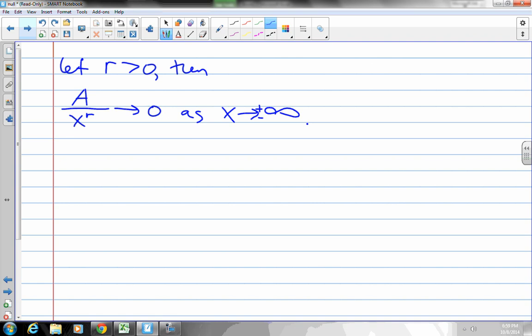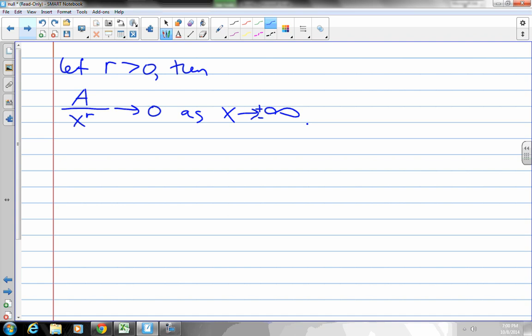Now think about this statement. I have a fixed numerator, no matter what it is, just some constant, no matter how large it is, doesn't matter. And then the denominator, that's where the variable thing happens. And I'm letting my x get infinite, larger and larger and larger.